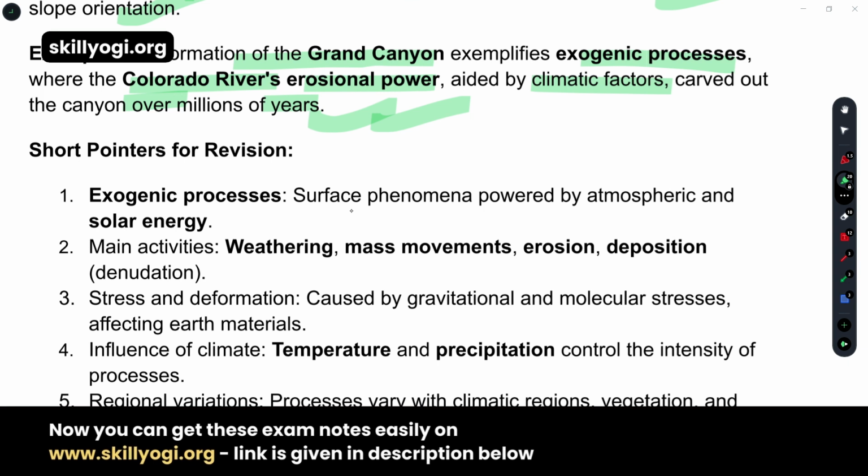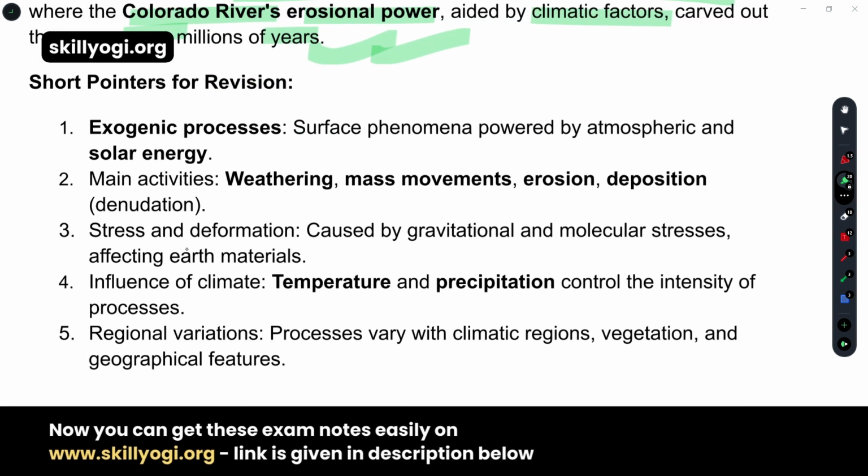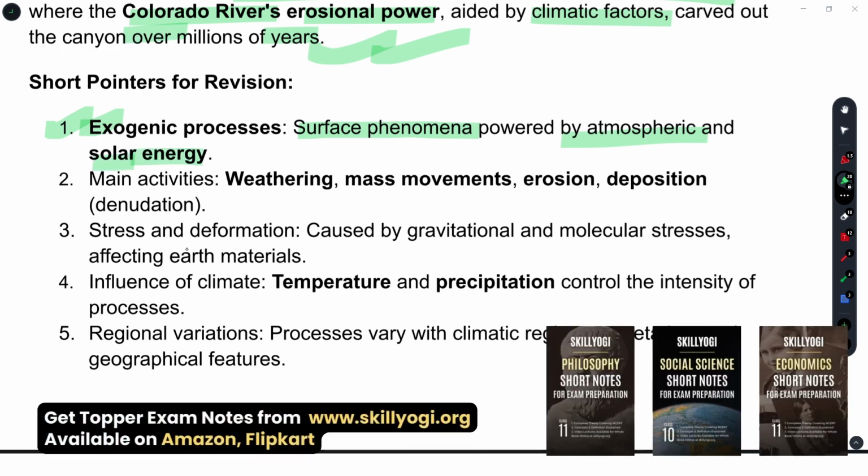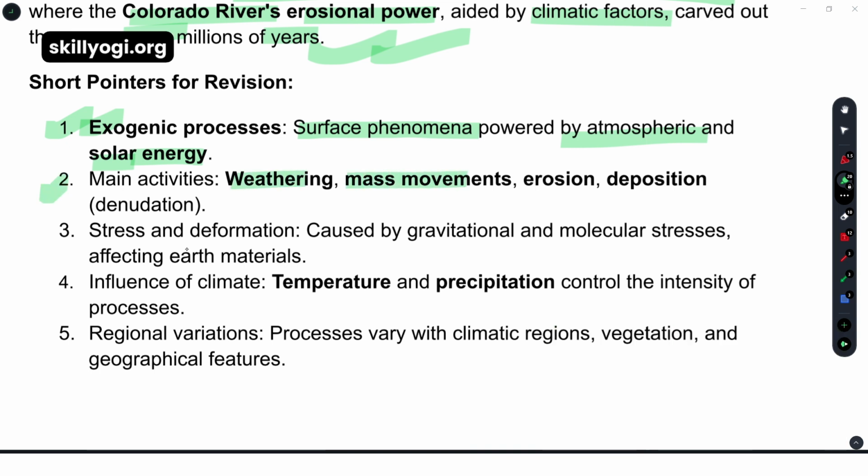What is given in the short pointers? Exogenic processes: the first one we have learned, surface phenomena powered by atmospheric and solar energy. These are the two sources of the processes. Main activities: weathering, mass movement, erosion and deposition. The stress and deformation processes, by which process is it happening?